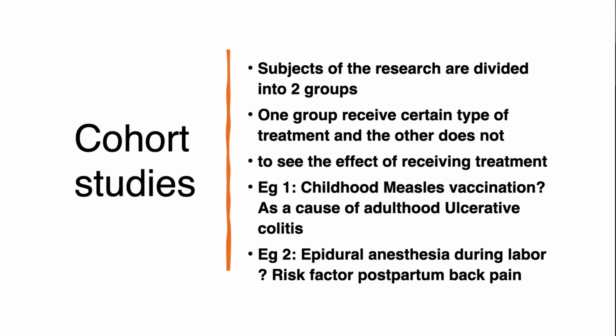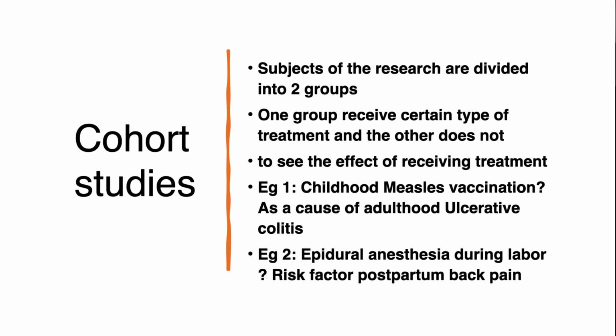And another best example I can give is the pregnant woman in postpartum, while they are in labor, if they receive epidural anesthesia, some complain of back pain and some do not, but all of them have received a similar intervention, epidural anesthesia. Now one group has got back pain, the other does not have back pain, and we can establish the magnitude of the effect, and the cause here is epidural anesthesia.